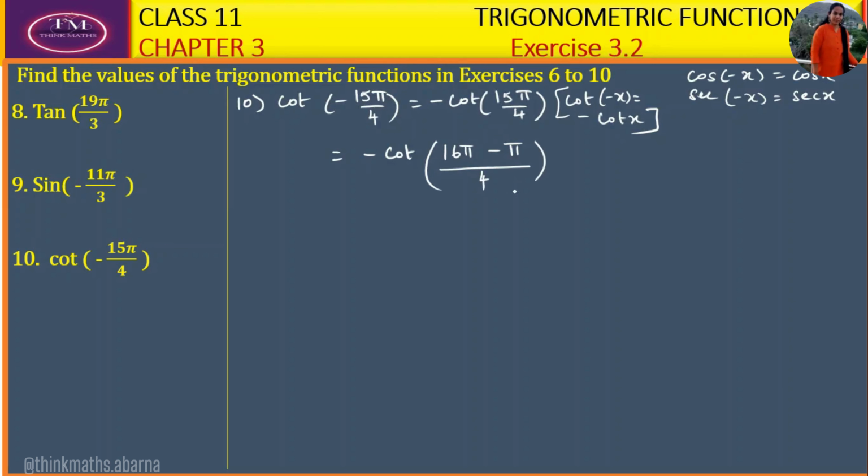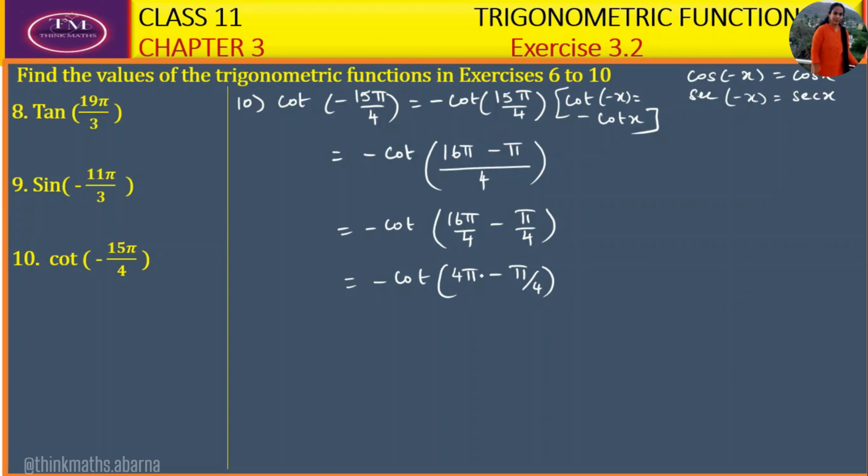So minus cot, you can separate it: 16 pi by 4 minus pi by 4. You can divide each number by 4. So 16 by 4 is 4. So 4 pi minus pi by 4.